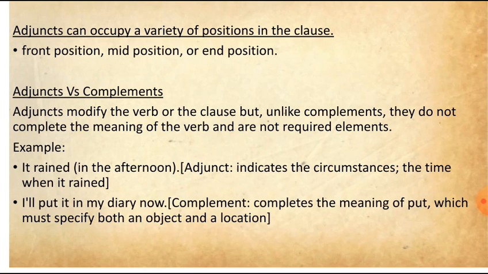The second example, I will put it in my diary now. So the word now is an example of a complement because it completes the meaning of the word put in that sentence, which must specify both an object and a location.